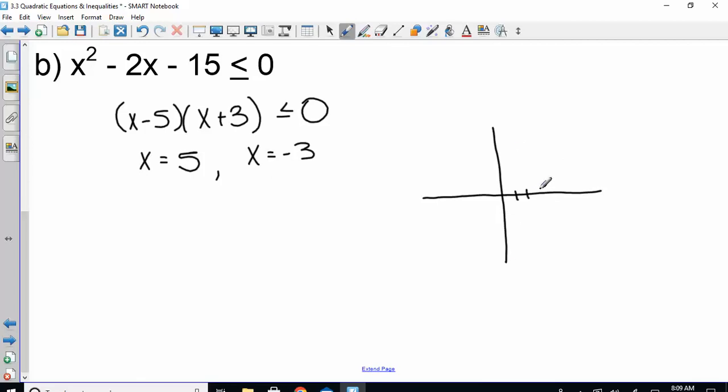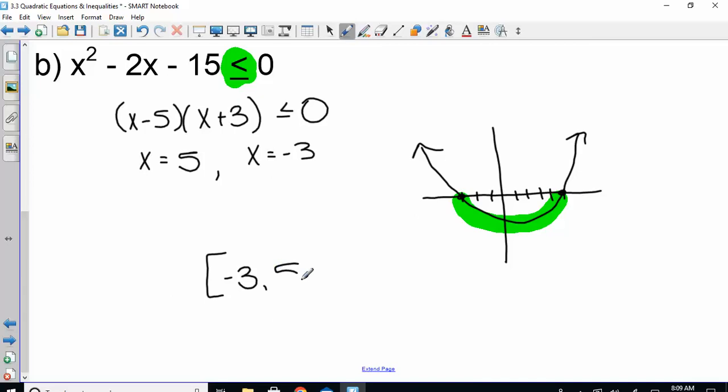Those are the solutions, so that's where it hits the x-axis. Does it open up or down? Up, because it's a positive x squared. You don't have to find the vertex or anything, we're not getting that precise with it. I wanted less than or equal to 0. Bracket negative 3 to 5, bracket. Less than would be below the axis, equal to says brackets.